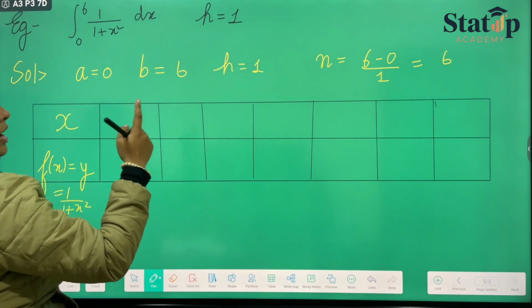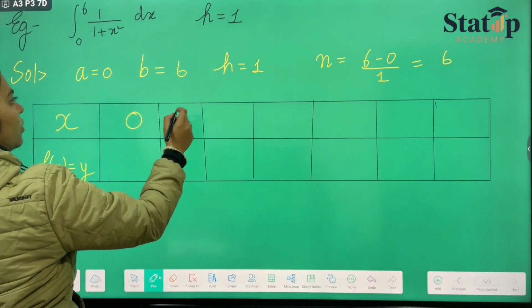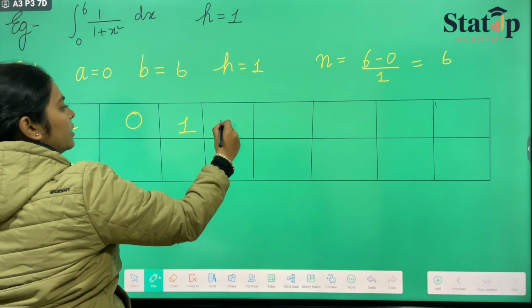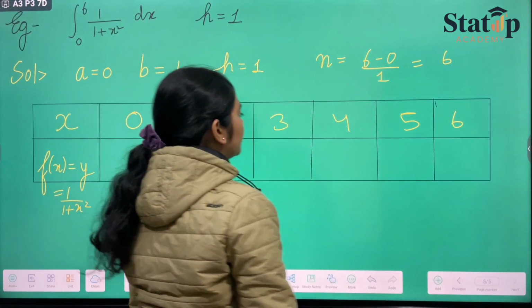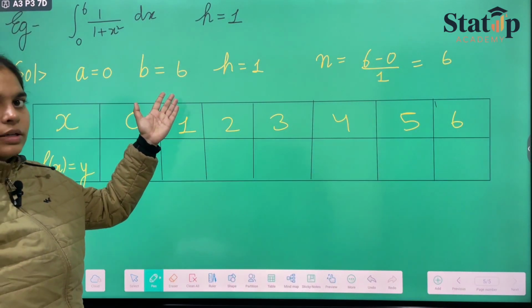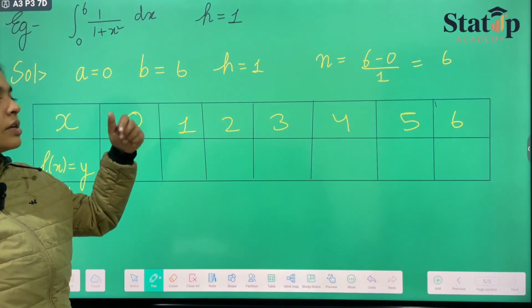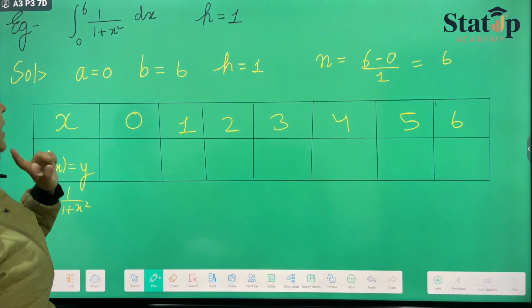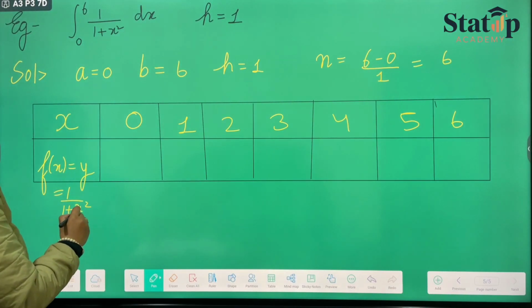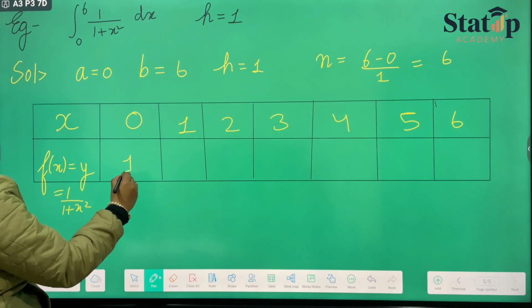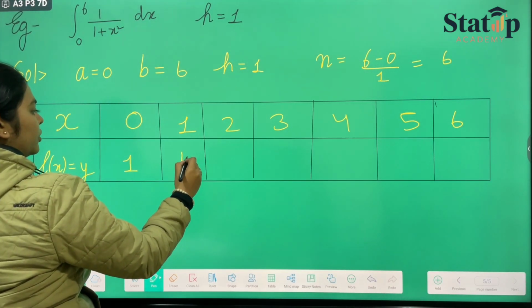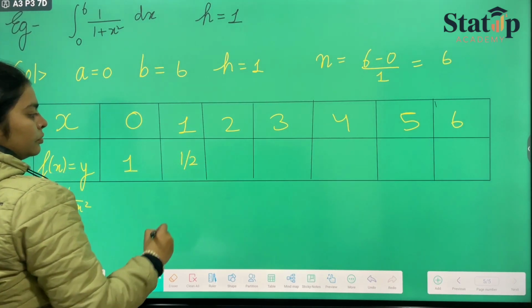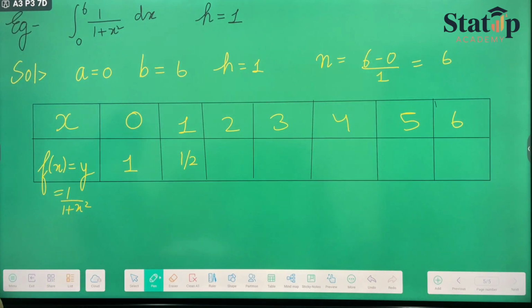So for x, we have to start from 0 and the difference is 1: 0, 1, 2, 3, 4, 5 and up till 6 because the highest limit is 6 only. Now if we take x as 0, then it will be 1. If we take x as 1, then it will be 1 upon 2, or we can write it as 0.5 instead.